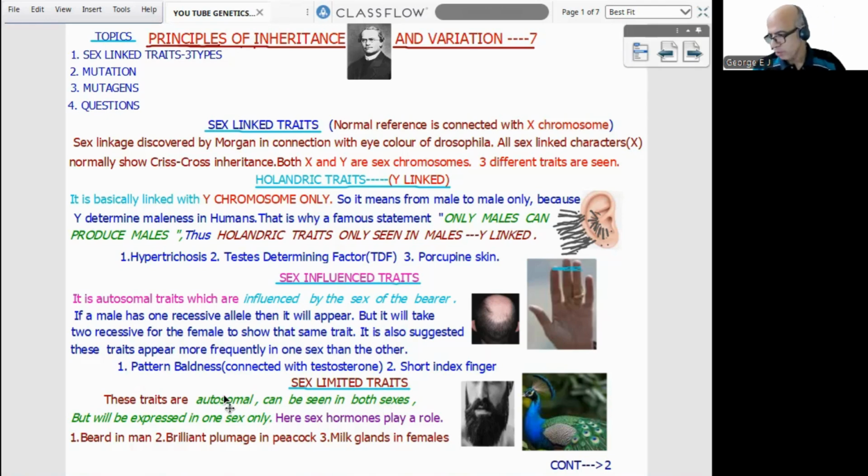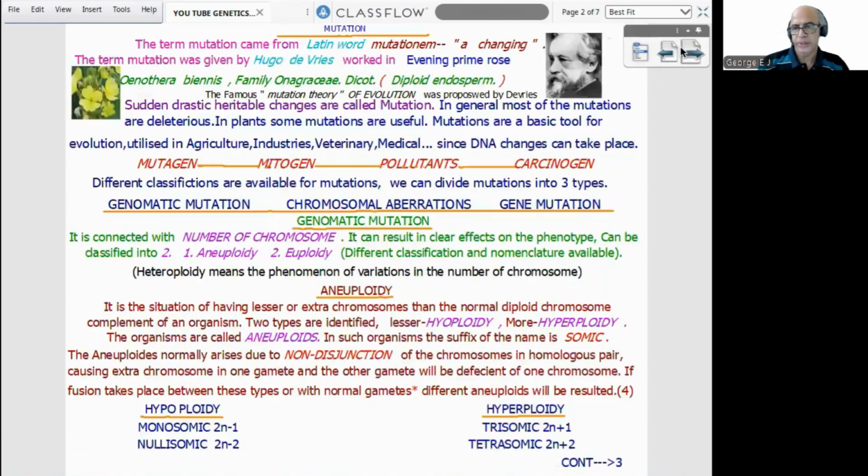Typical examples, two photographs are given: one is beard in man, second is brilliant plumage in peacock. Third is milk glands or mammary glands in females. I think these three features are clear with examples. It is a popular question to give an example, order one, etc. NCERT does not give this much detail, but it is a popular question. That is why I explained it. Now we can proceed to the next page.